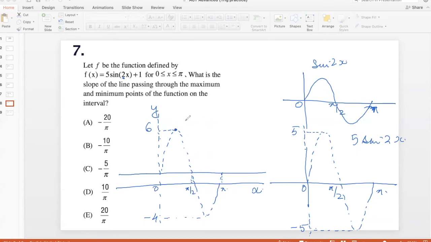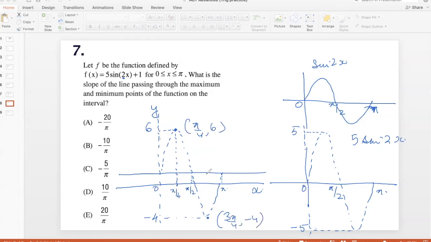The highest point of the graph will be (pi by 4, 6), because the x value at this point would be pi by 4, right between 0 and pi by 2. And what will be the lowest point? It would be (3 pi by 4, negative 4).